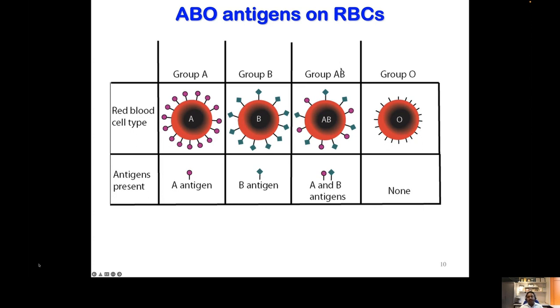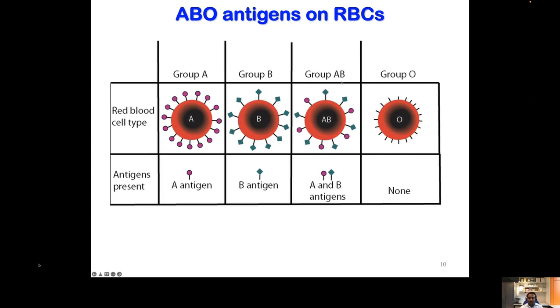Okay, and if someone is blood group AB, they will have both A and B antigens on their surface. If someone has blood group O, they will not have any antigens. Okay, they will have just basal sugars, but not the actual sugar molecule that determines whether we are A or B or both. Okay, we'll talk about that in the next slide.